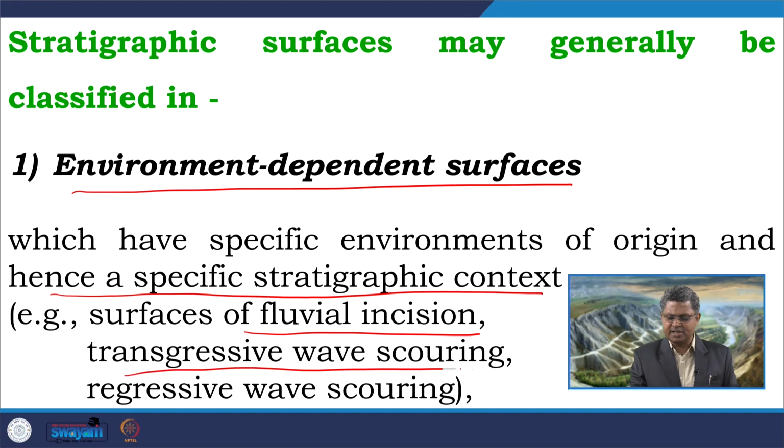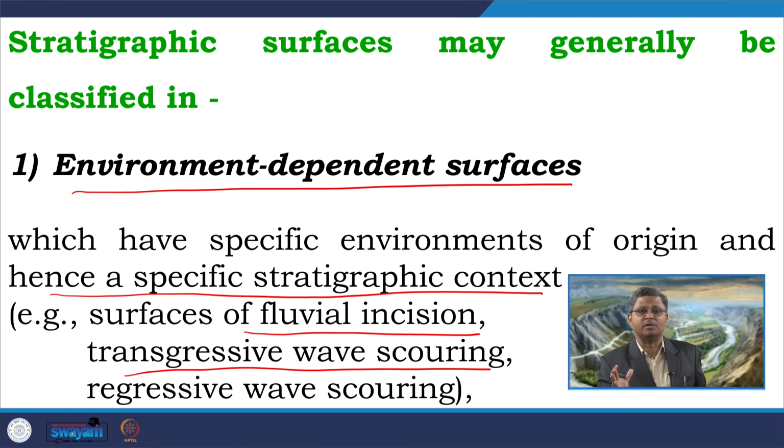Similarly, a transgressive wave scouring. Definitely we will get this kind of surface, commonly a ravinement surface, wave ravinement surface, that forms during transgression. We cannot expect that particular surface to form in the deeper marine part, because it is below the wave base, where the effect of waves is not visible.